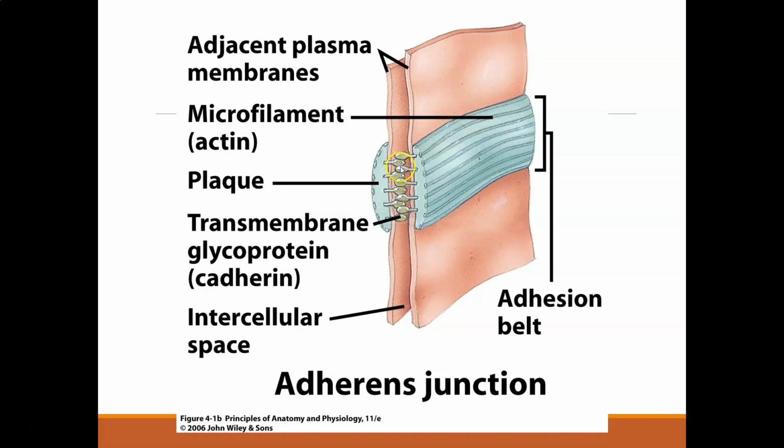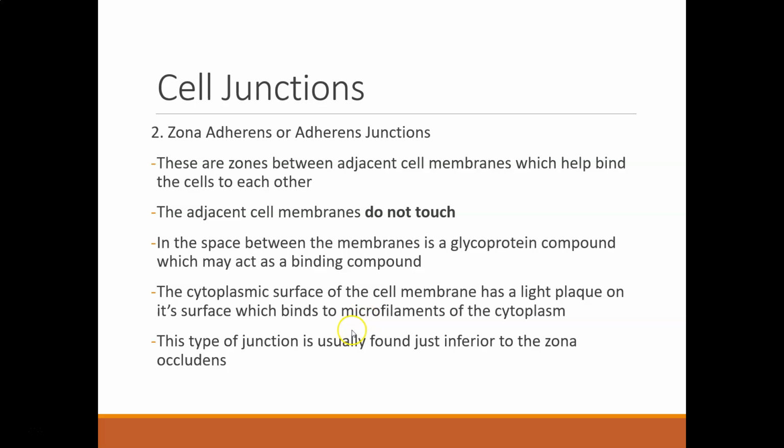And you'll see that these transmembrane glycoproteins do face out into the space outside the membrane, and they do touch each other, one from each membrane. And you can see that if you want to call it the root or the base of the transmembrane protein, it is embedded in each individual cell membrane, which helps hold the two membranes together, but there is a space, and the membranes do not touch.